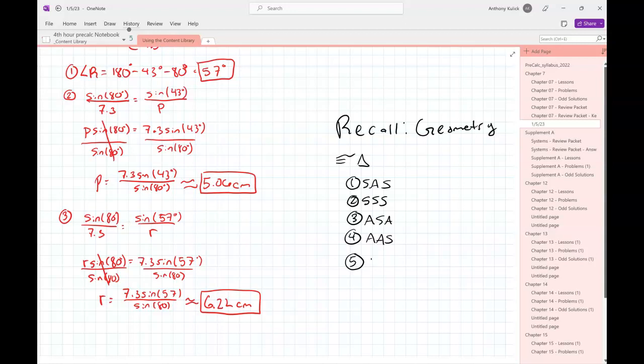The last one is called hypotenuse leg, which is a special case of side-side angle. We usually write it that way so you're not writing swear words, but you had the right idea, Sophia. And what's special about this is that the angle has to be 90 degrees for hypotenuse leg to work.